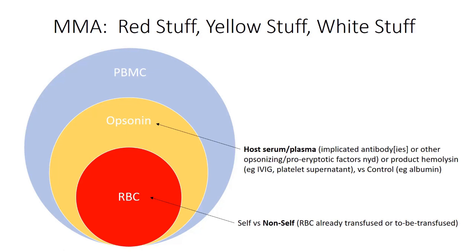And in terms of your peripheral blood mononuclear cells, you can use your patient's own mononuclear cells, which may be in a state of macrophage activation or cytokine storm and more prone to phagocytosing than the use of allogeneic cells.